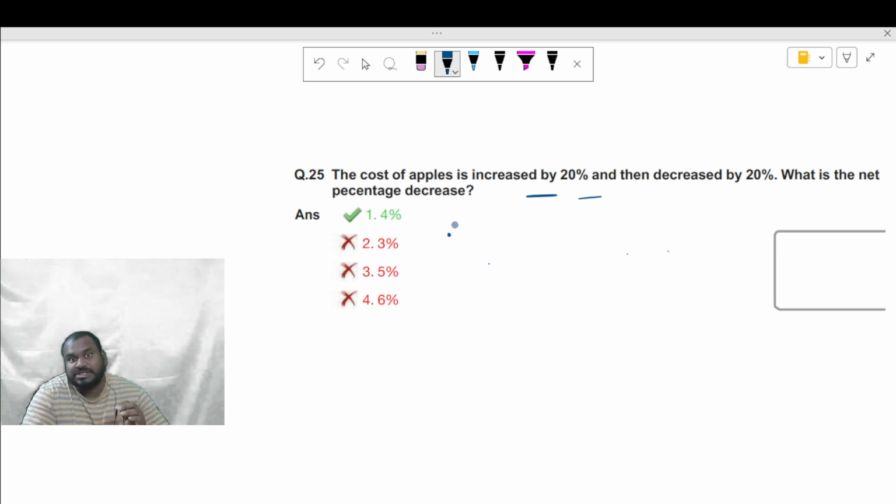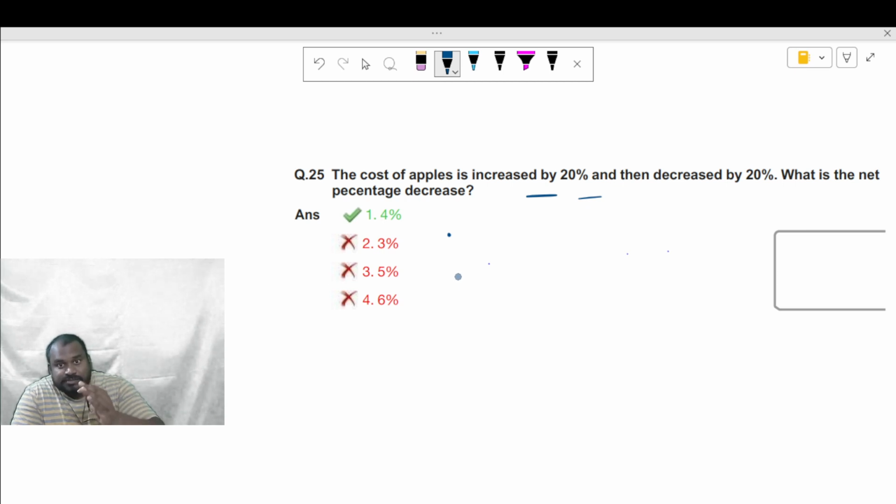So it means this model is given in every slot of the SSC exam. Not only in SSC, I have seen this model in almost all the exams. They will say first it increased, then it decreased, or first it decreased, then it increased, like that.